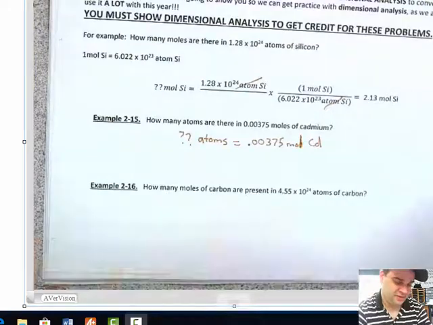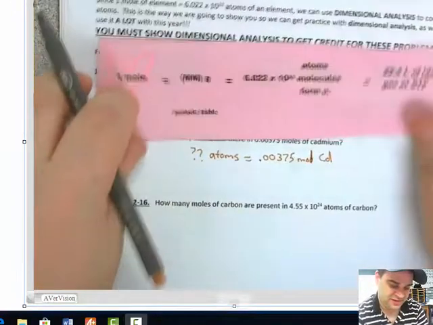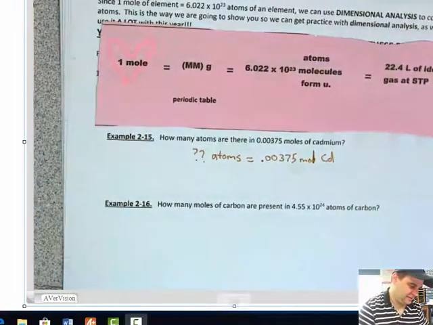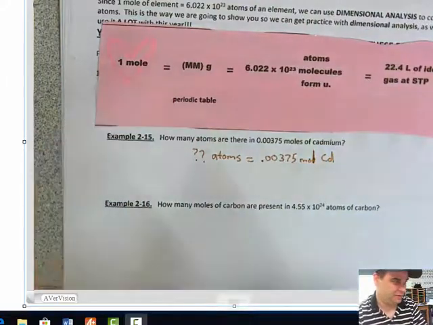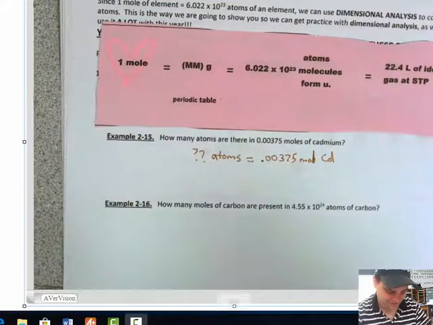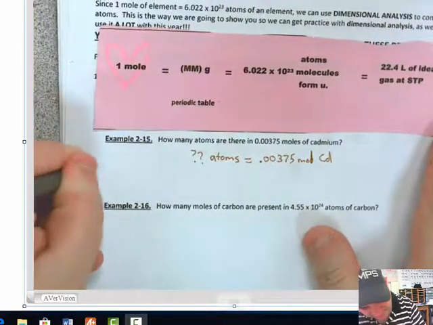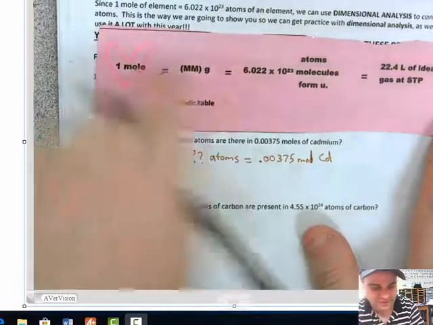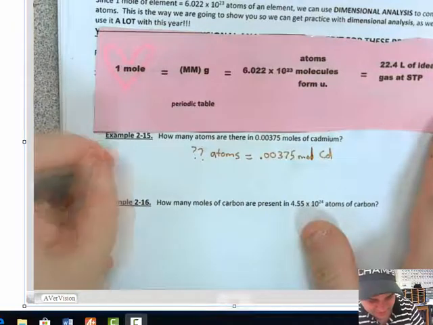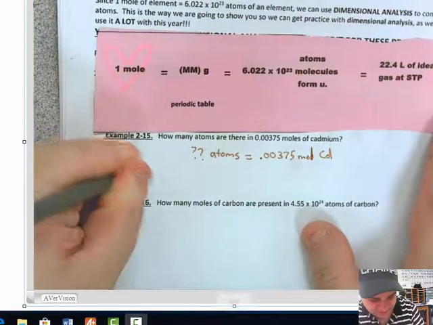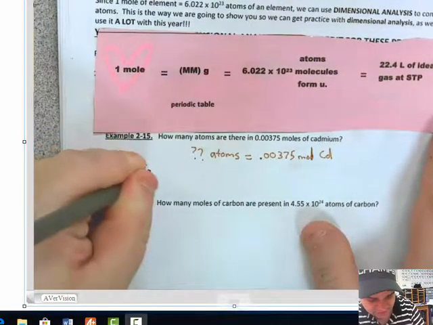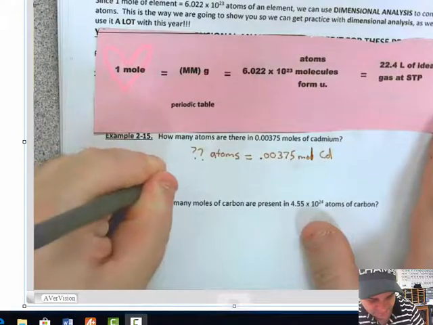Now we look at our tape to get our conversion factors here. What does the tape say about moles? Oh, it's the heart of chemistry. When in doubt, you go to moles in all these problems. 1 mole. What does the problem say about atoms? We're going to use 6.022 times 10 to the 23rd atoms.